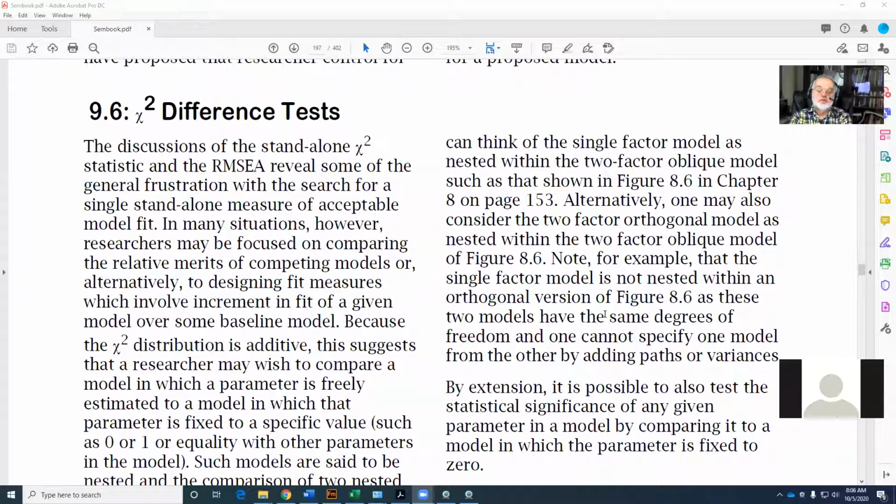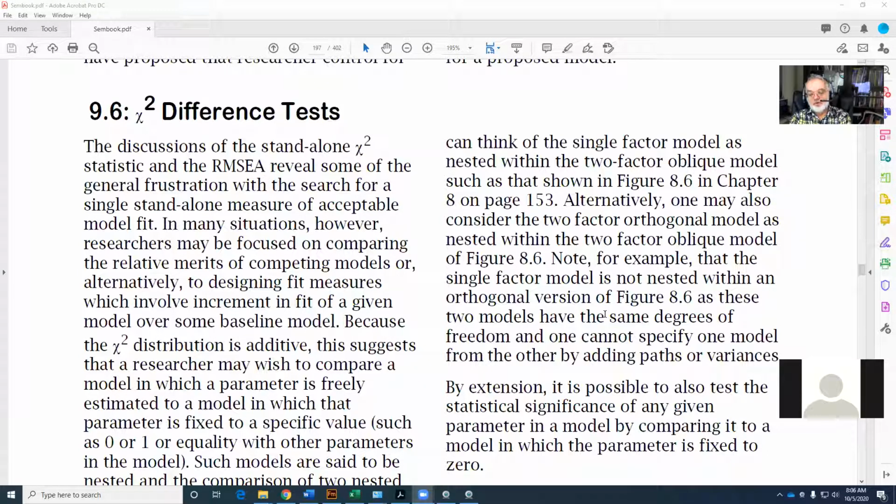And as a result, the area very slowly moved toward trying to think of ways to overcome this fact that we seem to have chi-squares that are really large. And the first avenue that people looked at was to capitalize on the observation that chi-square difference tests exist.